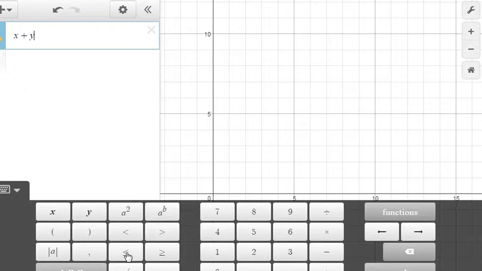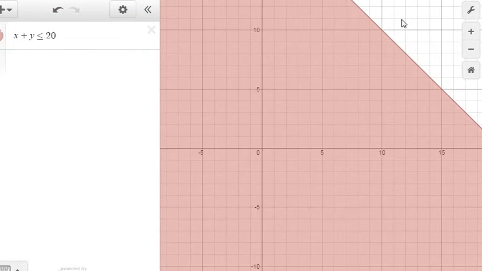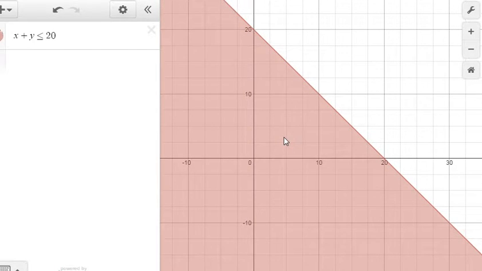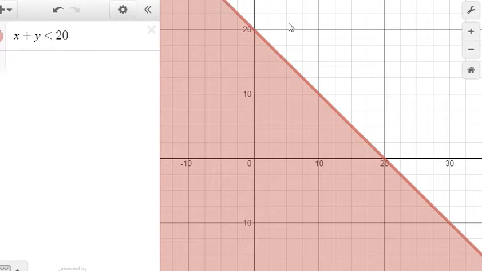There's a button on this form down here that types in the less than or equal to. Now I can zoom out a little bit, and I get a graph that looks like that. If you go to the graph settings and hit projector mode, it'll make things a little bit crisper, a little bit easier to see.